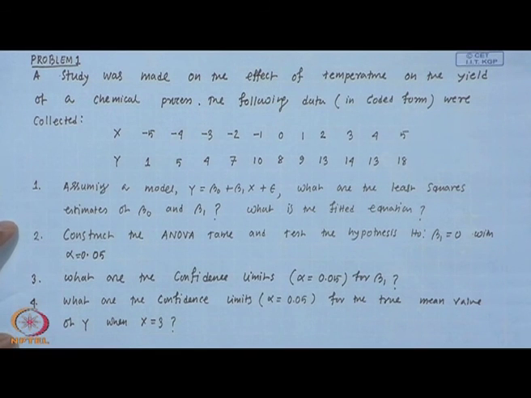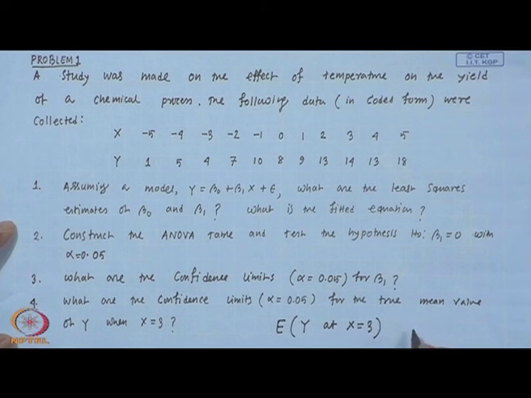It says that the fourth problem is: what are the confidence limits for the true mean value of y when x is equal to 3. So, what does this mean? We have to find the confidence limit for the true mean value, that is, mean of y or expected value of the response variable at x equal to 3.